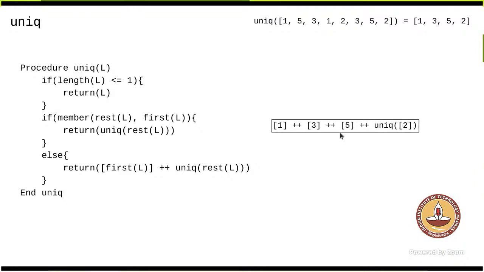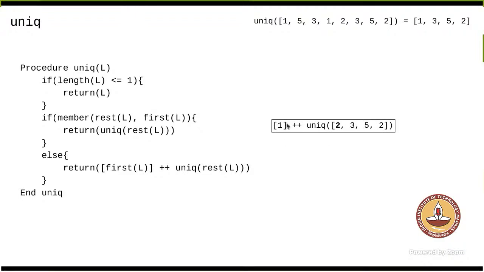Sir, the output is return first of L, and here first of L is 3, but 1 is thrown away, no? Where does 1 come from? It's coming from this particular procedure call, right? So first of L plus unique of rest of L, you keep accumulating this from there.